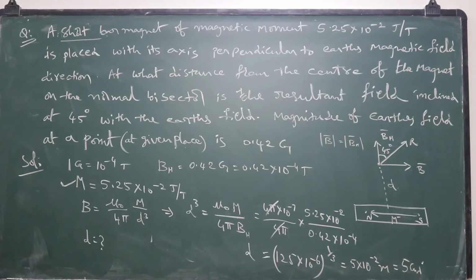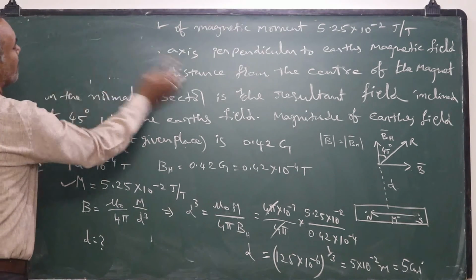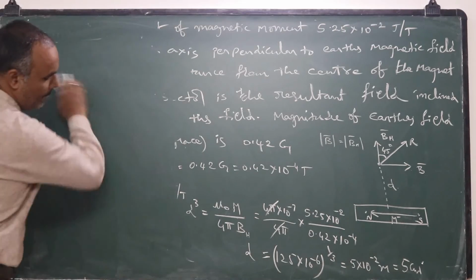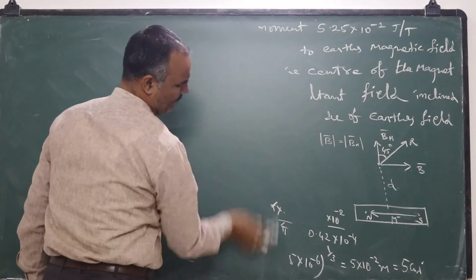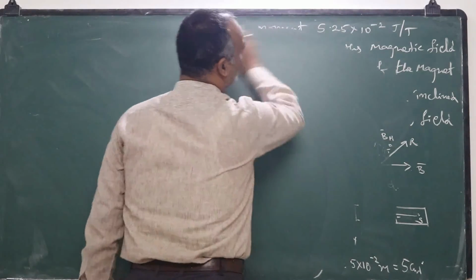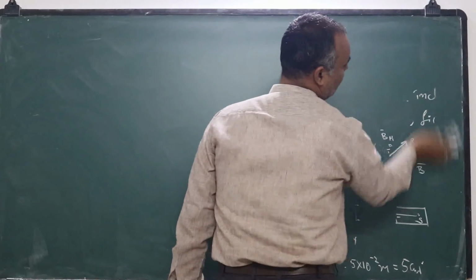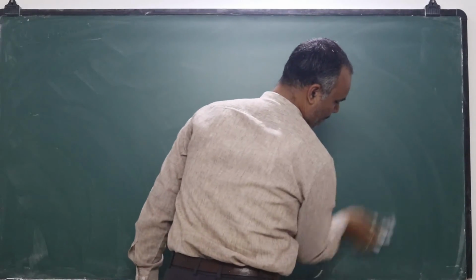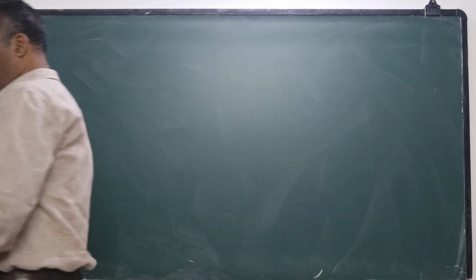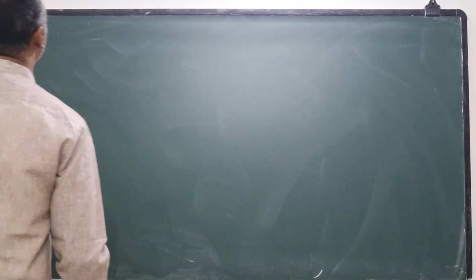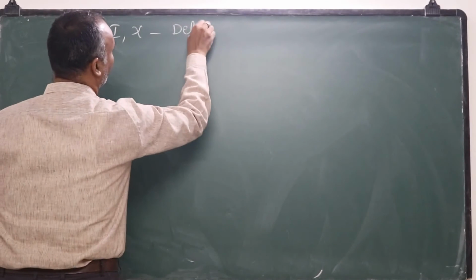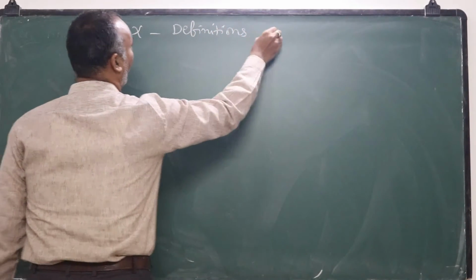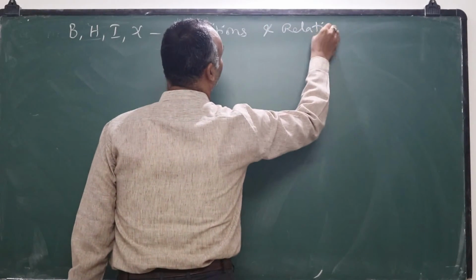Now let us move to one more concept. B, H, I, chi: definitions and relationships.